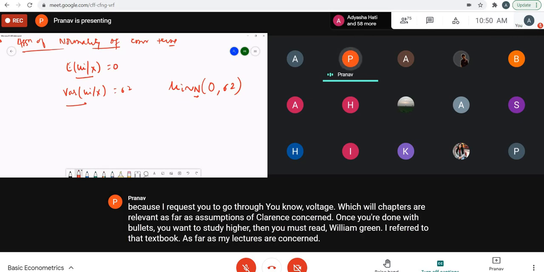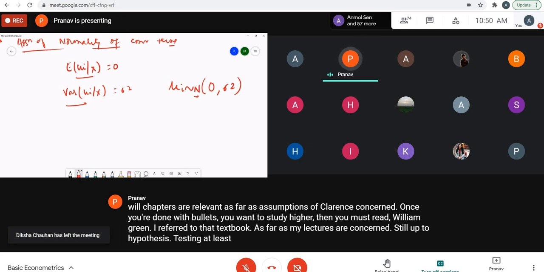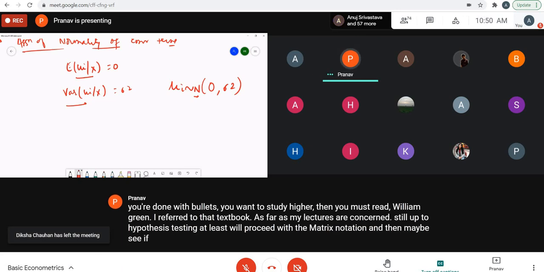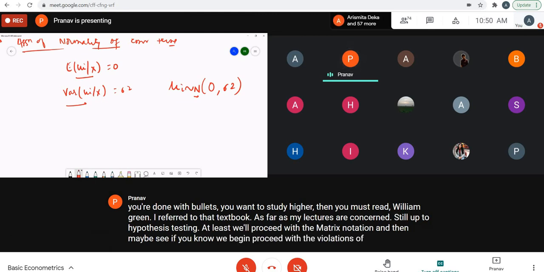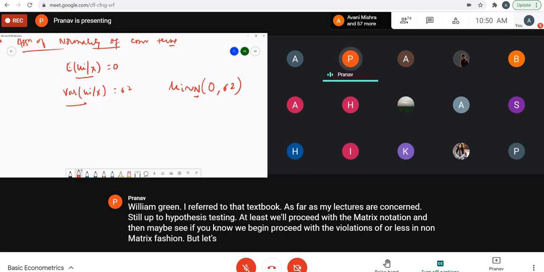Up to hypothesis testing, at least, we'll proceed with the matrix notation, and then we'll see if we can proceed with the violations of OLS in a non-matrix fashion. But let's see how it progresses. So I urge you to read on the assumptions of CLRM from these textbooks.